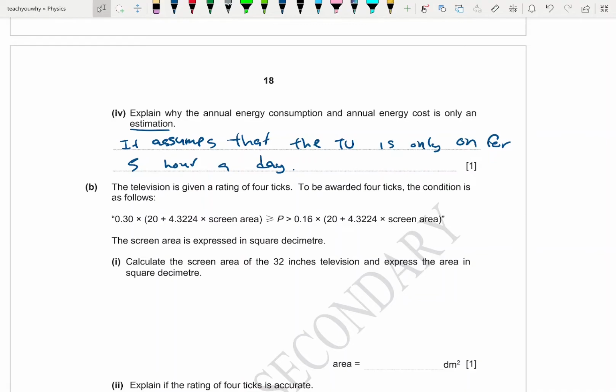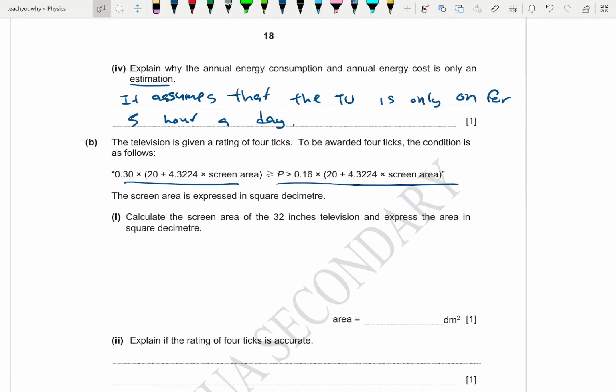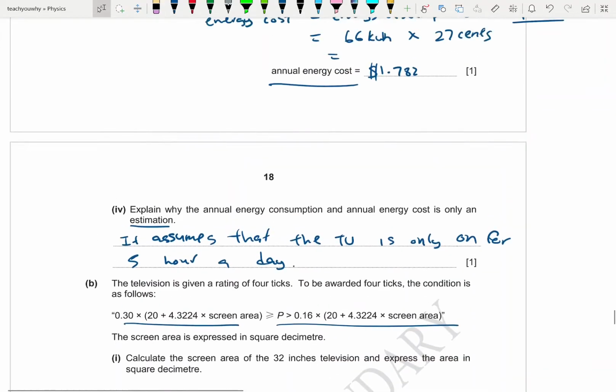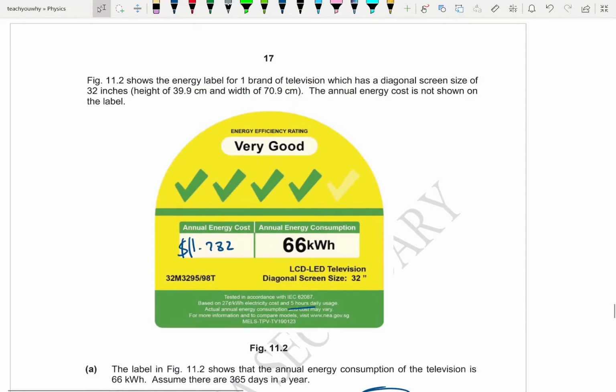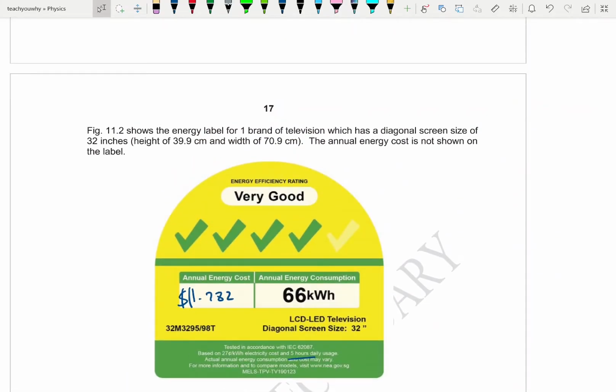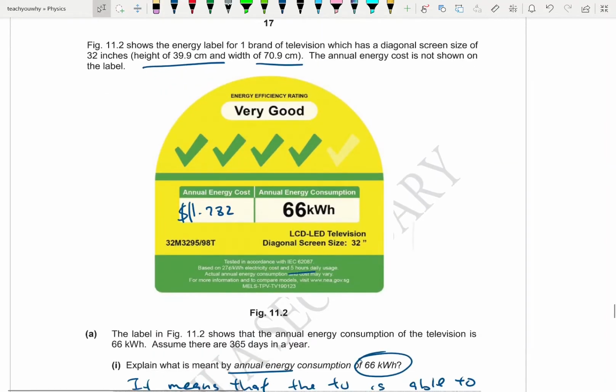Alright, so the TV is given a rating of 4 ticks. To be awarded 4 ticks, the condition is as follows. 0.3 times, okay, you have this equation, and you have this equation. The screen area is expressed in square decimeter. Calculate the screen area of the 32-inch TV and express the area in square decimeter. Over here we have important information which I didn't go through, but I did see it.